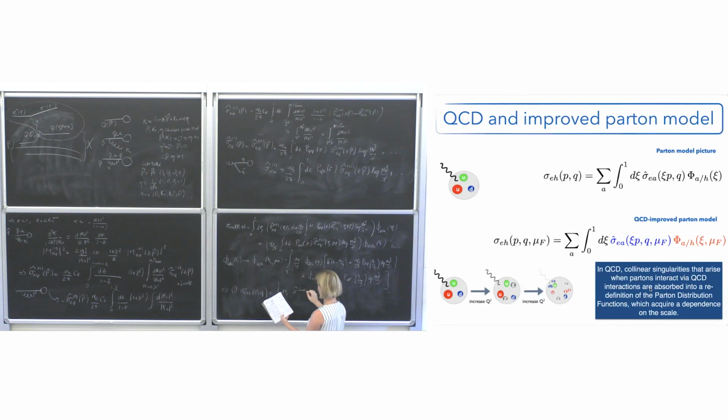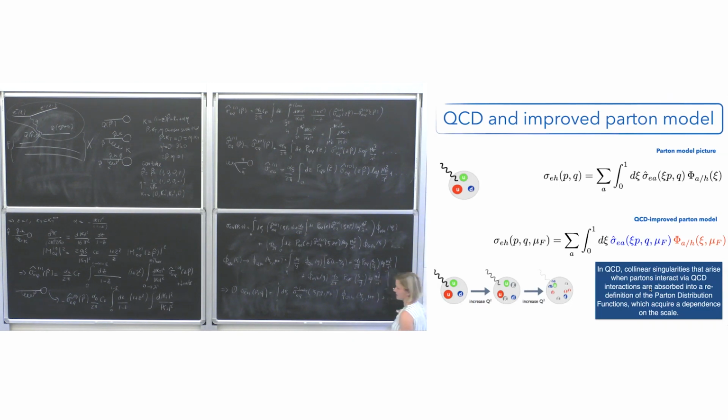So what I'm left with is just the finite bits, but that also depends on mu f, because remember that the log that I pushed into the finite part now has a dependence on mu f. So I have this times phi of q of xi, mu f, okay?